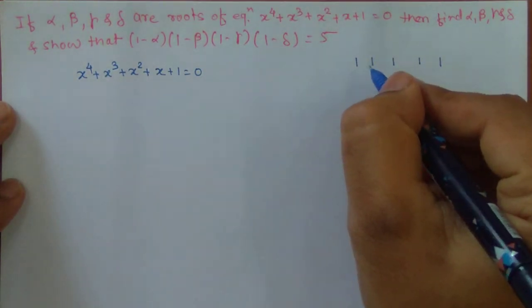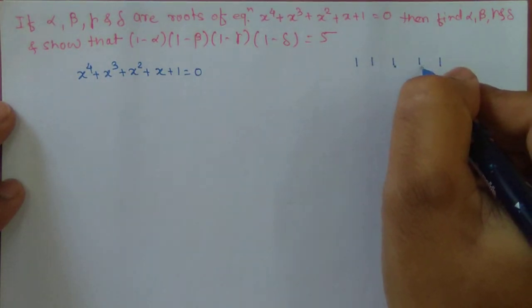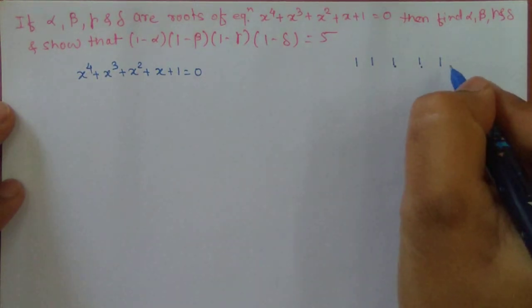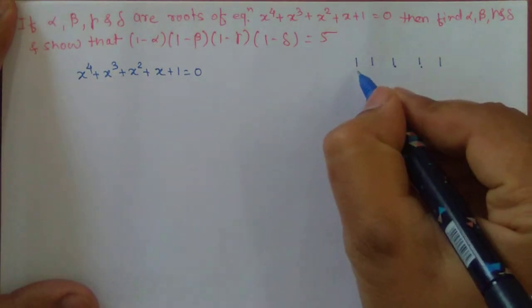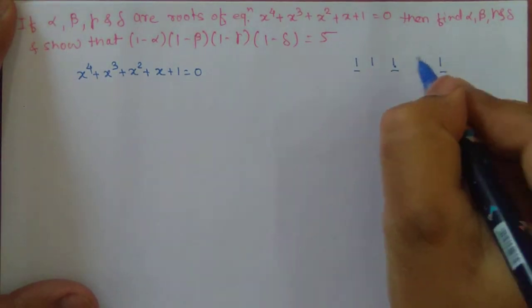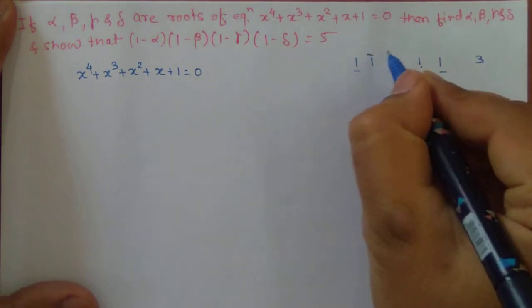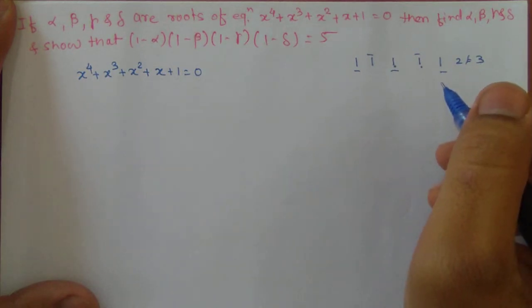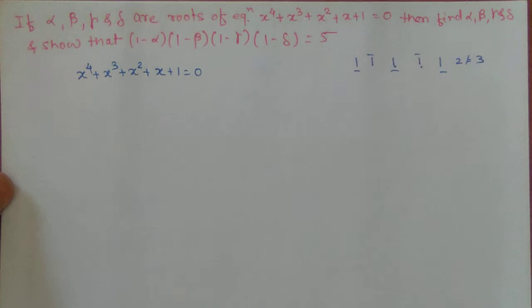If I take the addition of all of them, the sum is not 0. If I take the addition at alternate places, then the first, third and fifth term sum is 3, and the second and fourth term sum is 2. So this is also not equal. So the synthetic division is not directly possible with the help of standard rules, is it?